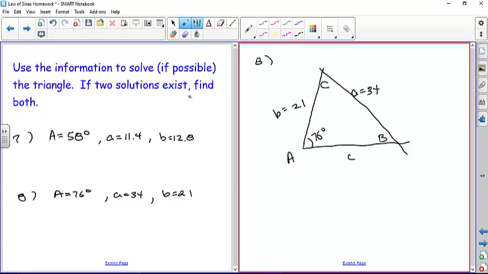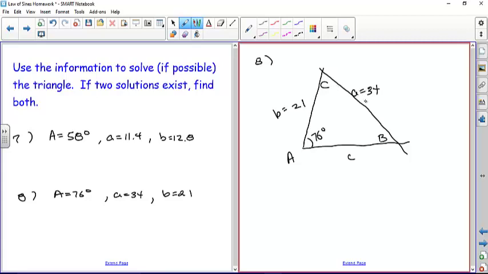If you go to the third case, you've got angle A, and if A is greater than B, then there's one solution. So there's kind of the three scenarios. If this number is greater than that number, then there's one solution. If this number is less than that number, then there's two cases.